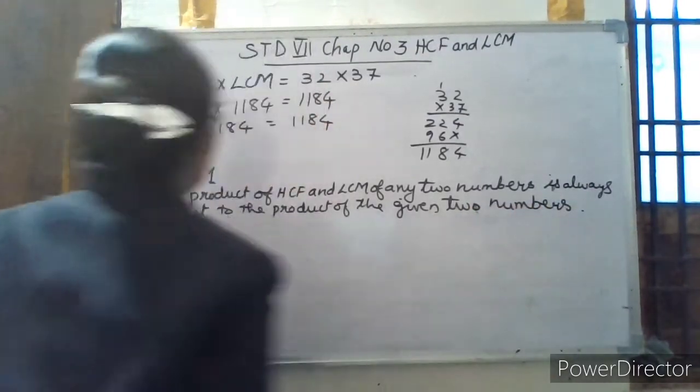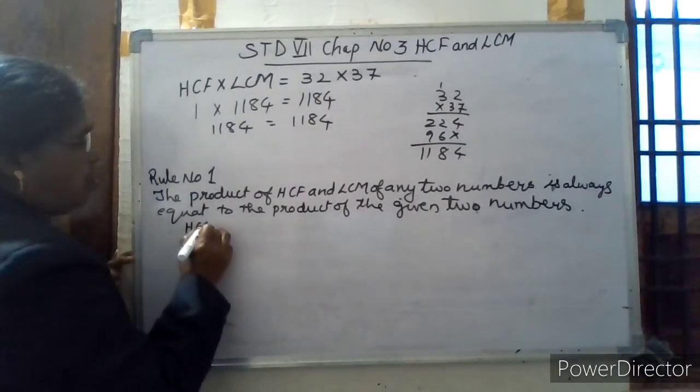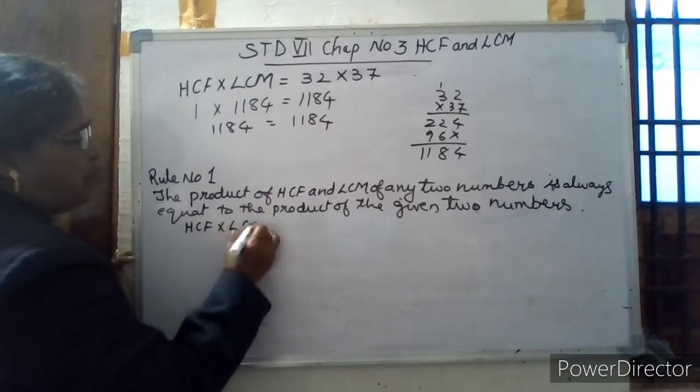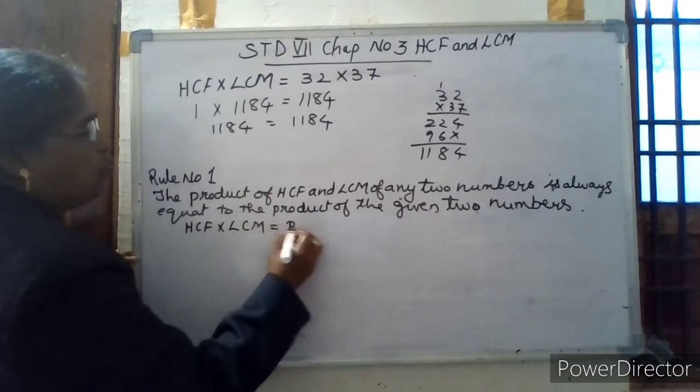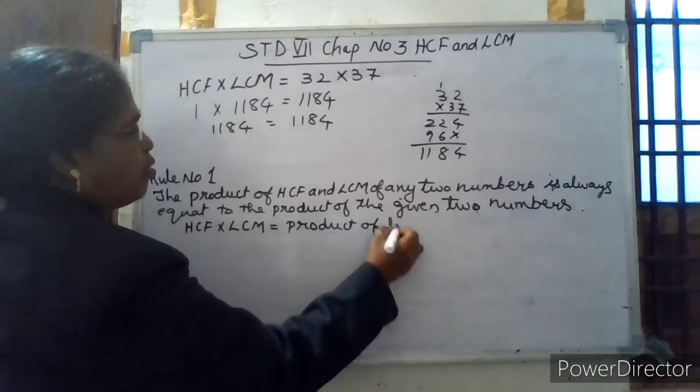In short, the same rule I can write as HCF into LCM is equal to product of two numbers.